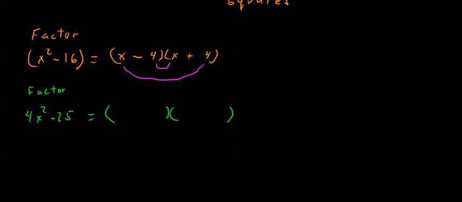What times what is 4? 2 and 2, so we have 2x, 2x. 25 is a perfect square. 5 and 5. We have a plus and we have a minus. And again, if you do the double smiley face, negative 10x, positive 10x, cancel, and notice we have no middle term here.